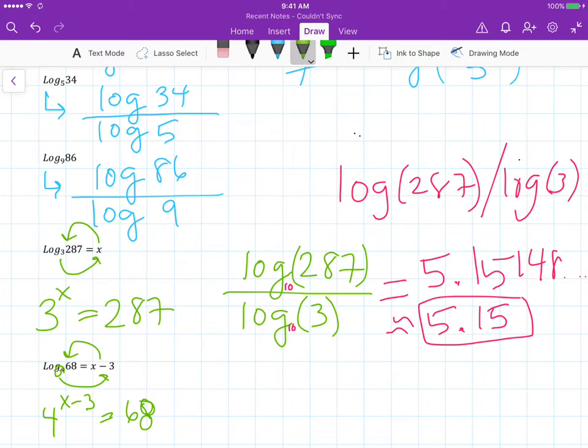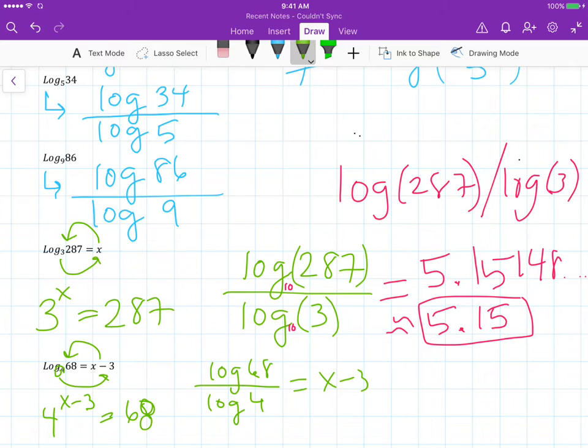So instead, what I could do is set this up. Instead of log base 4 of 68, I could write log of 68 over log of 4 equals x minus 3. Okay.